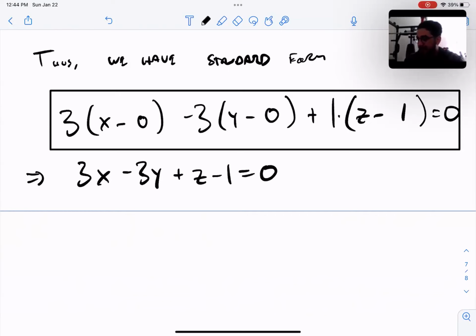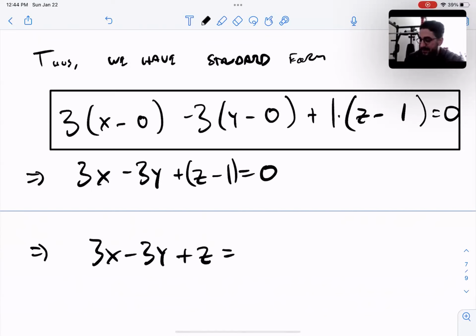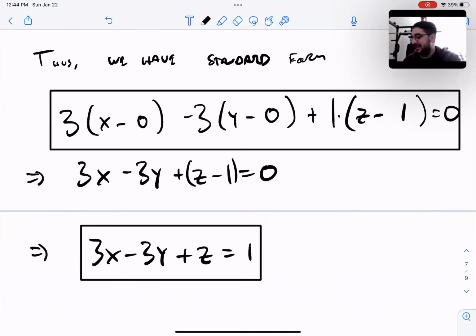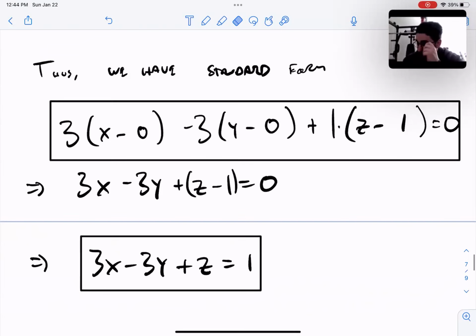You'd probably at least put it like that, or you could even do it one better and put the 1 on the other side. So again, it's not totally consistent. Some people call this standard form. Some people call that standard form. They're both fine. So, okay, there we go. This would be a standard form of the plane containing A, B, and C, containing those 3 points.